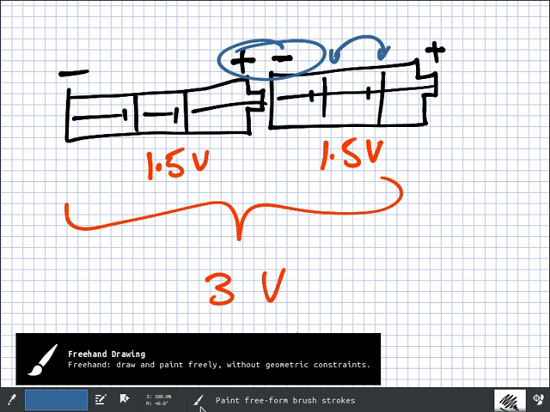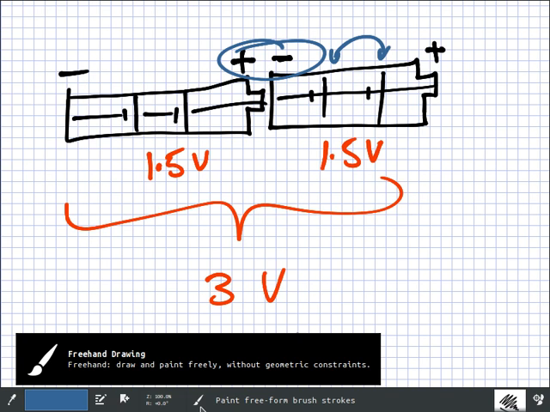They're always opposite. Sorry, I'm wrong. You put them in opposite like this, so that they're touching like that.